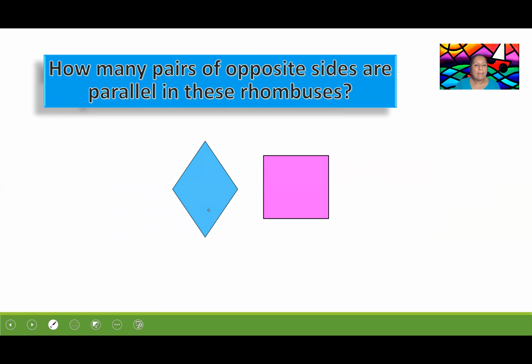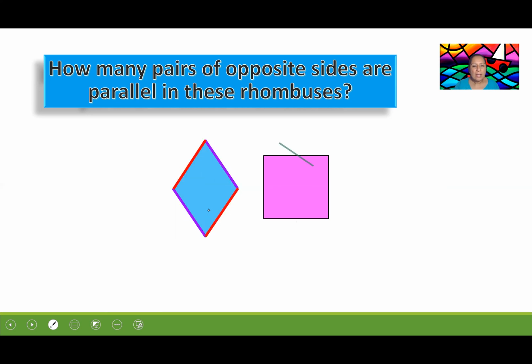And next we have another question that says, how many pairs of opposite sides are parallel in these rhombuses? Yes, the square is a special rhombus because all the sides are the same size. So let's see.